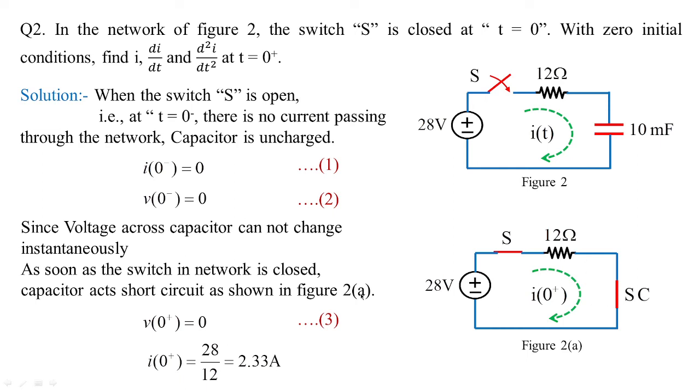So V of 0 minus is equal to V of 0 plus, whereas the current has changed because now the circuit is closed. Before, the circuit was open. As the circuit is closed, we take 28 volts divided by 12 ohm resistance. That's why we got I of 0 plus as 2.33 amperes. We keep this in mind and take this as equation 4.